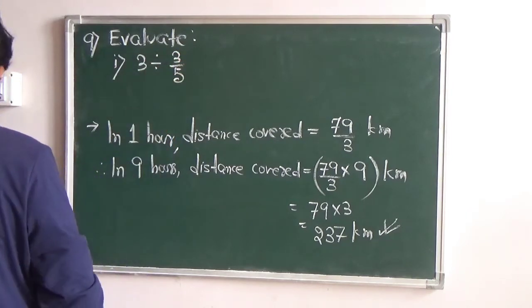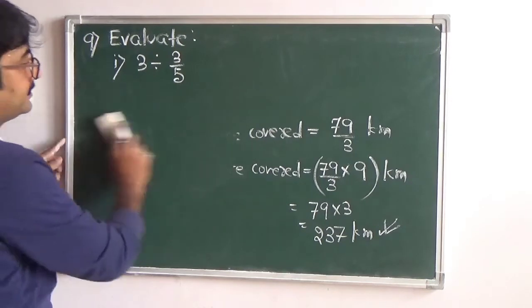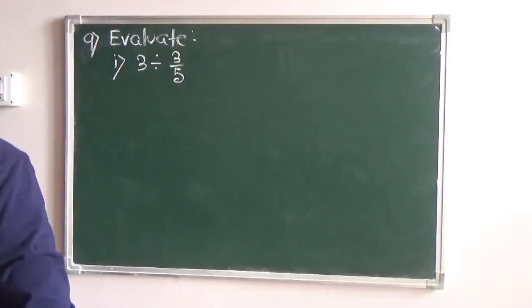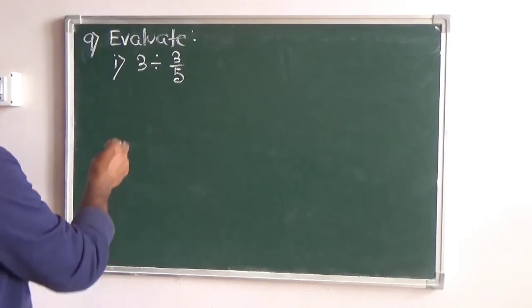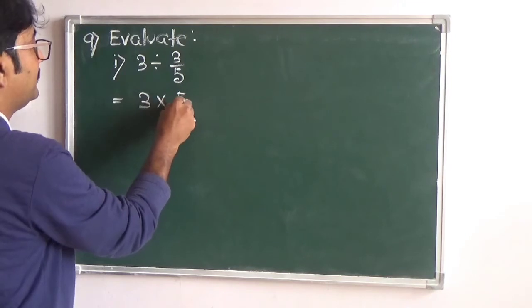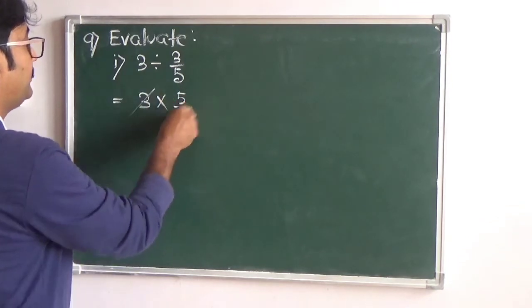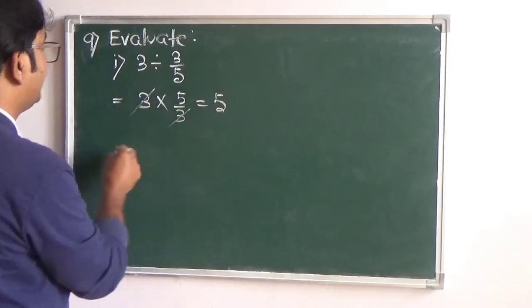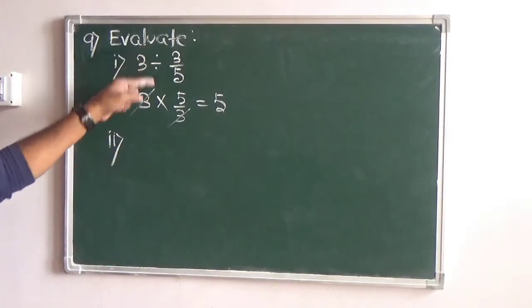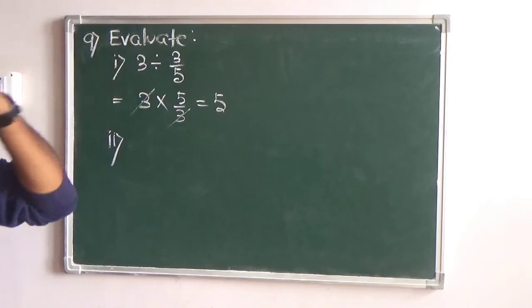Now you have already done in the previous classes, in the lower classes, how to go with the division of rational numbers like this. So we'll write 3 into, and we'll take the reciprocal, 5 by 3. So 3 and 3 will cancel out, and the final result is 5. So you just have to change the sign from division to multiplication and take the reciprocal of the second number.